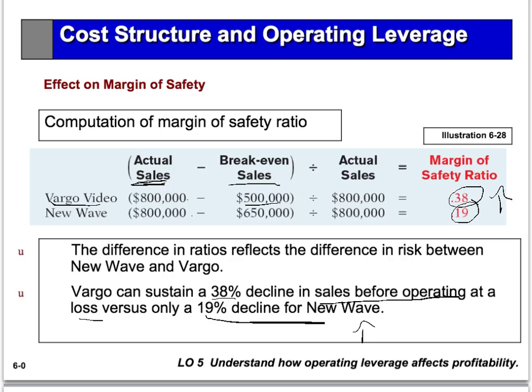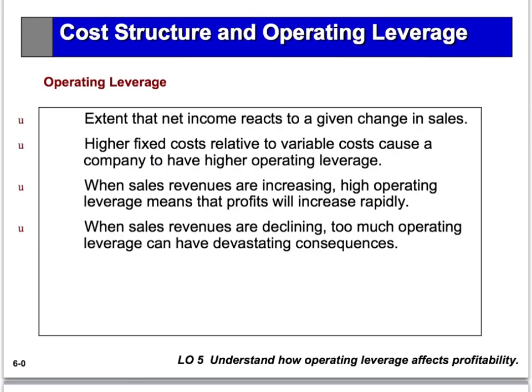This is the trouble with operating leverage. Your profit goes up twice as fast, but when sales go down, your losses go up twice as fast. So now, the idea of operating leverage. That is the extent that net income reacts to changes in sales.